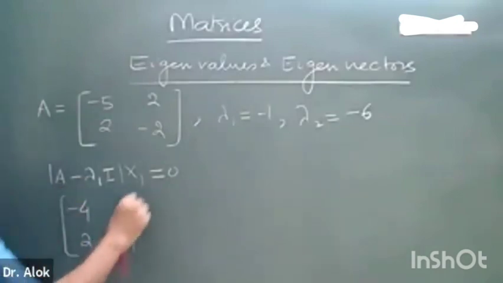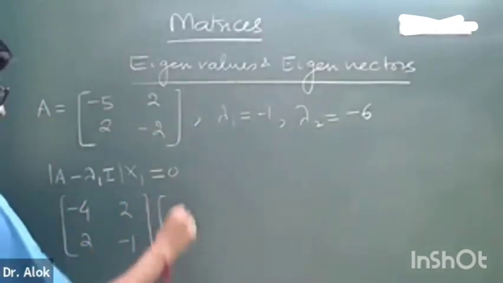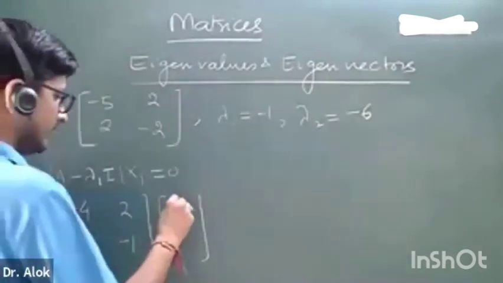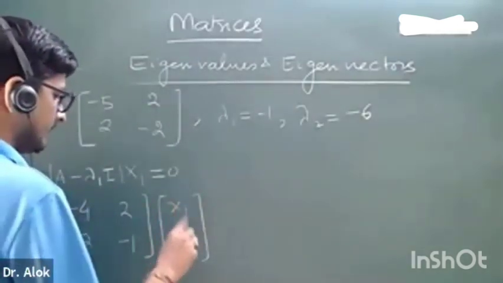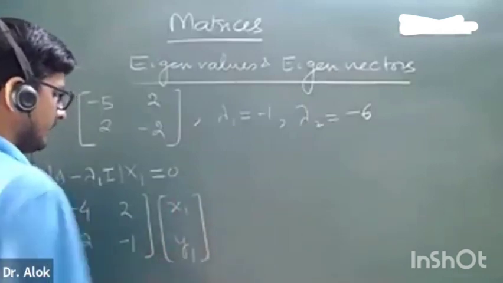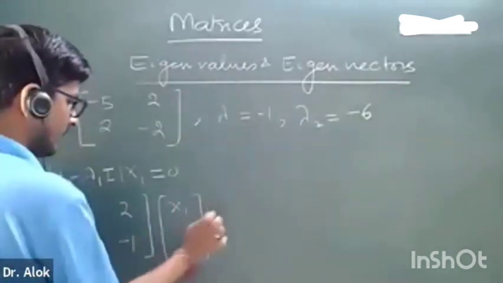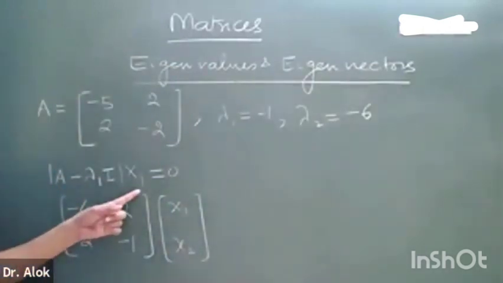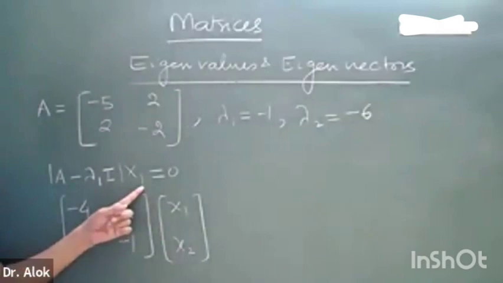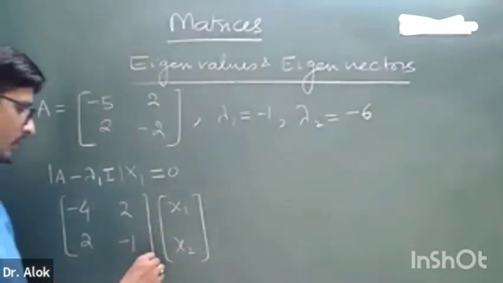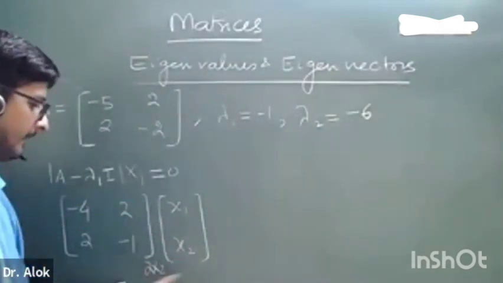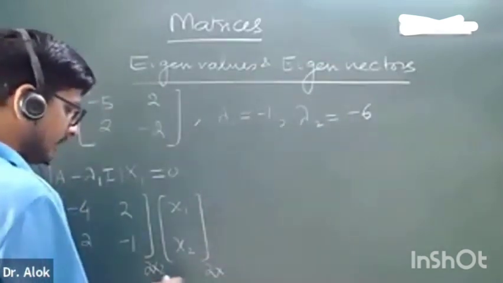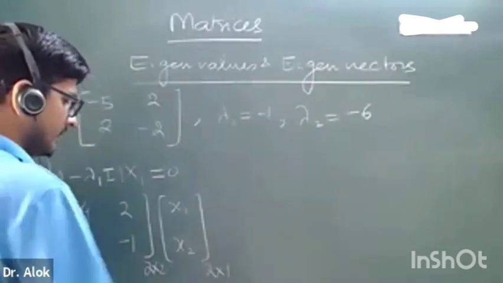So this will be the matrix, and the vector x1 I am writing as x1 x2, whatever you want to write. So this is the column vector I was talking about, correct? It is a 2 cross 2 matrix, so here you must get 2 cross something, because otherwise it can't be multiplied. So it is 2 cross 1.